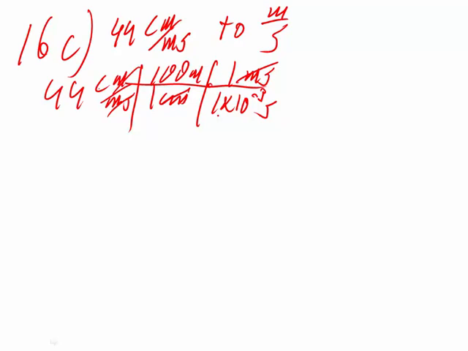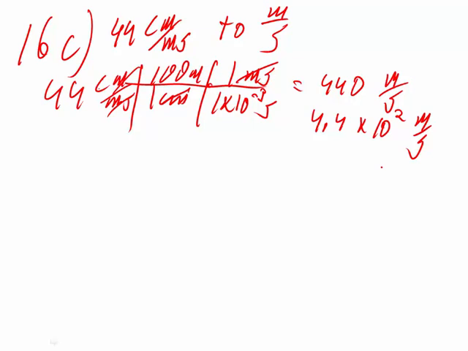And so we get an answer of what? We get 440, okay? Did I do something wrong? Something does not look right. No, I've got it right. Okay, so it's 440 meters per second, or 4.4 times 10 to the 2 meters per second, okay?